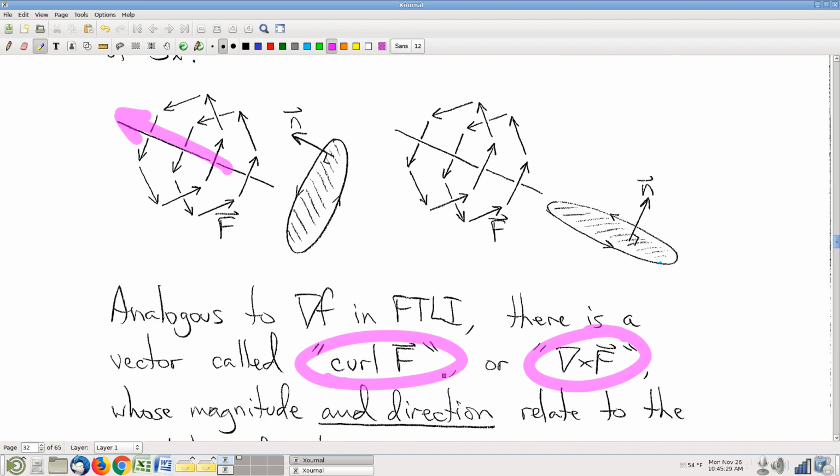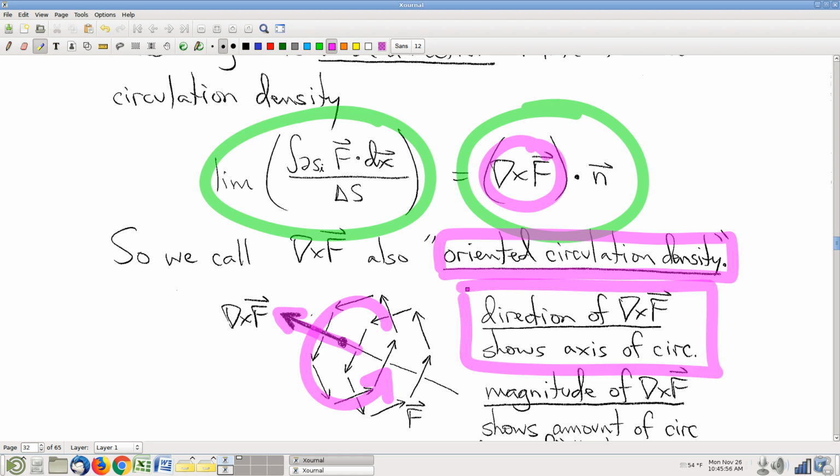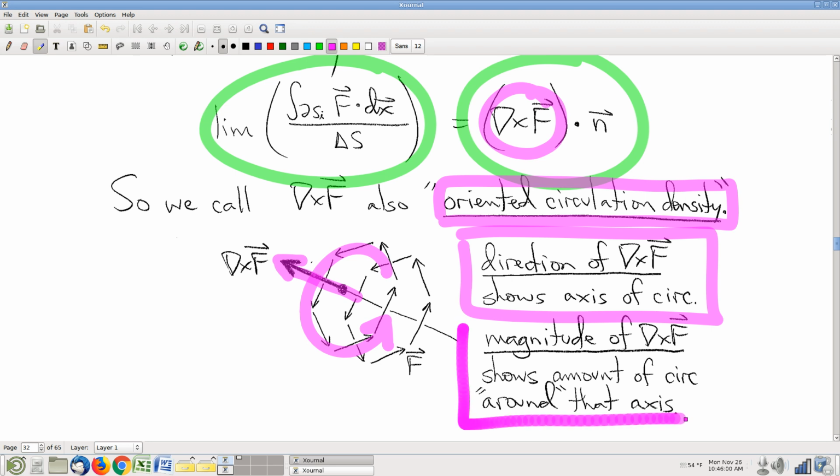Likewise, curl here is telling you more than just how much of a little vortex we have, more than just how much fluid rotation there is. It's telling you the axis around which that fluid rotation is happening. The direction shows you the axis of the circulation. The magnitude tells you how much circulation is happening around that axis.